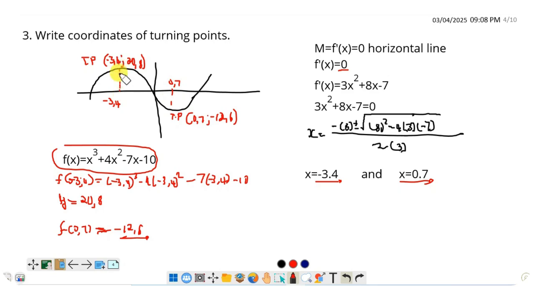Once you have those x values, go to the original equation of the graph and substitute so that you can find the y value. Okay, hope it's clear. Next.